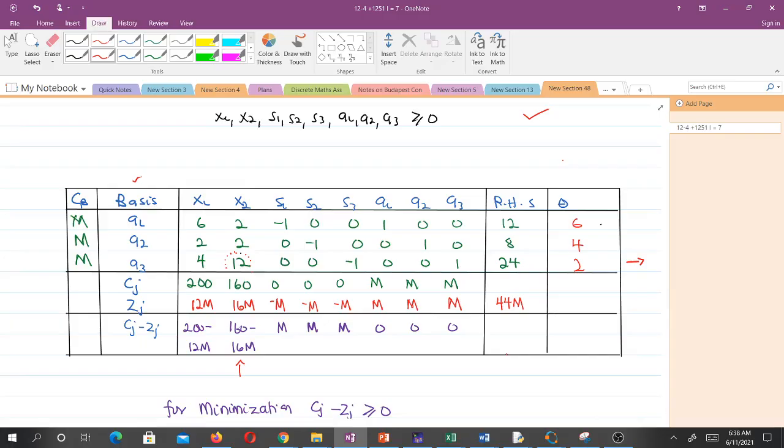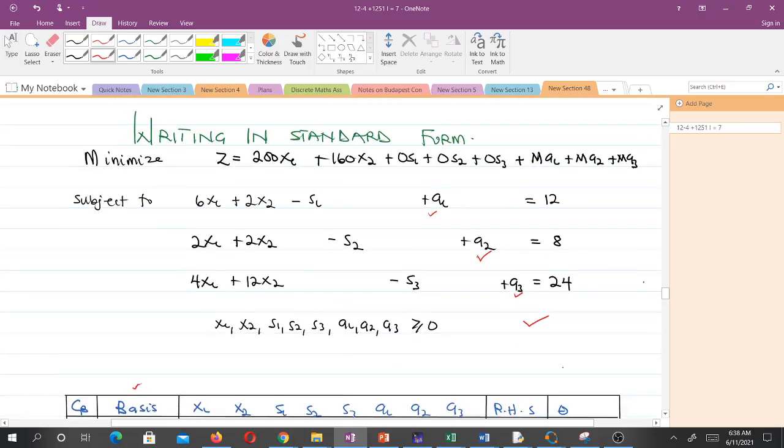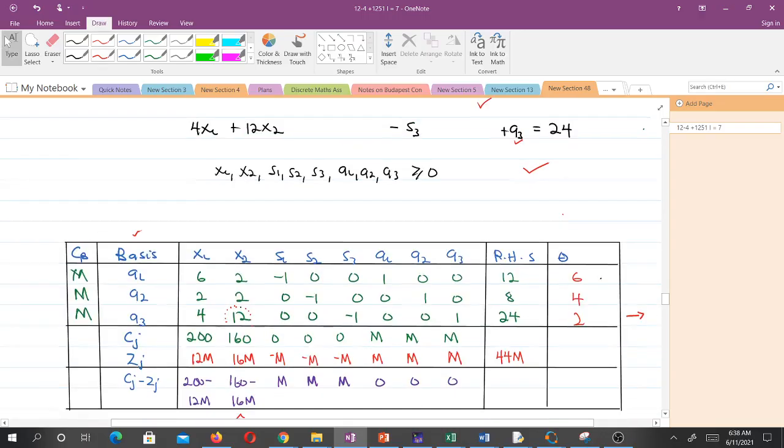You should know how to fill this part of the table. We just fill it from the coefficients of the constraints. With the first one, x1 is 6, x2 is 2, s1 is minus 1, then the rest are 0, e1 is 1, the rest are 0. So that's how we fill it: 6, 2, minus 1, 0, 0, 1, 0, 0. The right hand side is 12. We use that to fill these parts of the table.